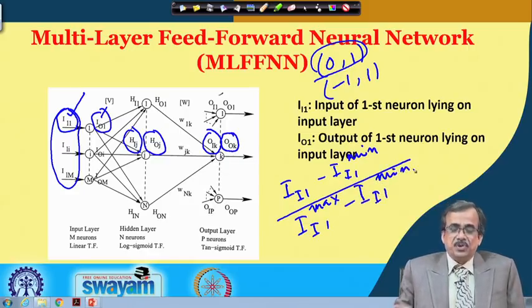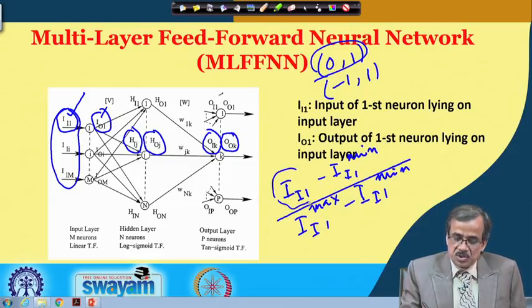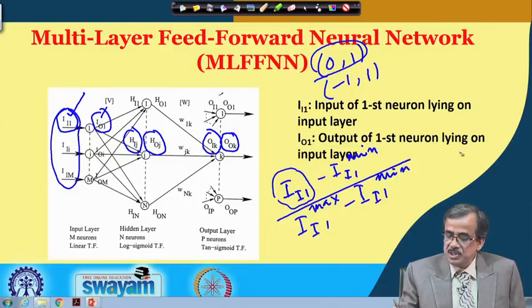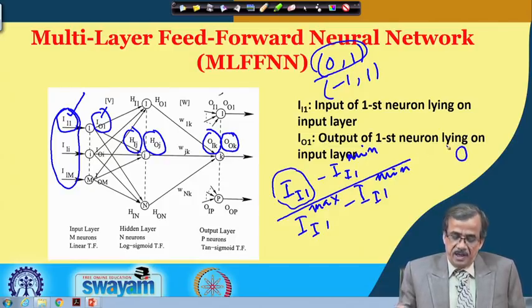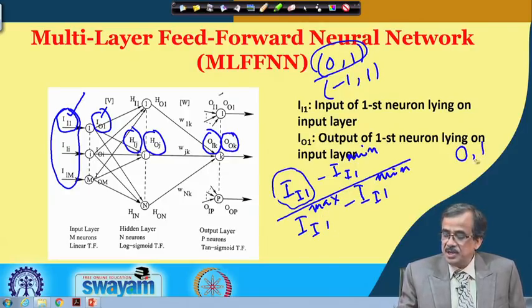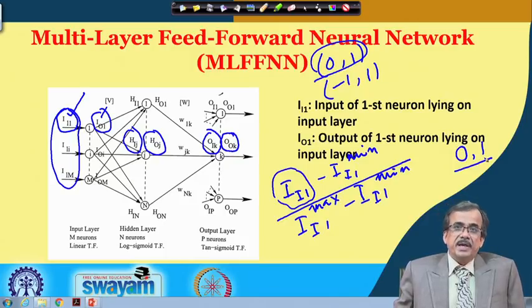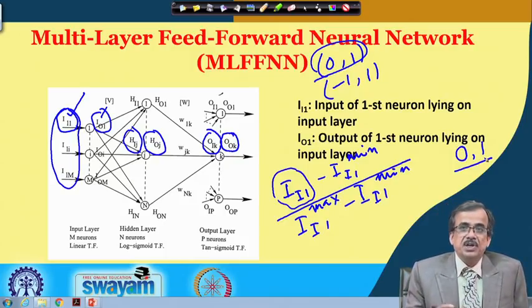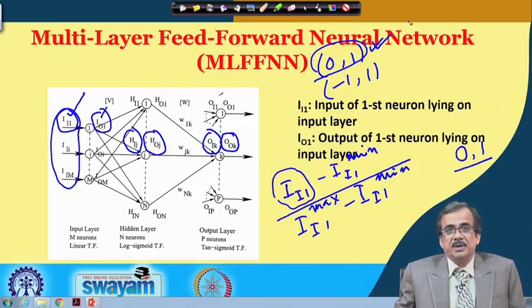If I put I1 equal to I1 minimum, I will get 0, and if I put I1 equal to I1 maximum, I will get 1. So, this is the way this particular input is converted to the scale of 0 to 1.